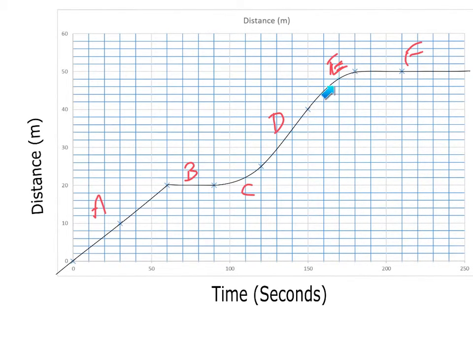Now section E shows the gradient is decreasing. That means the speed is reducing. And again you have a flat section F, which means it's stopped. So if this is a roller coaster ride, you can see a steady speed and then stopped, and then an acceleration, steady speed, deceleration, stopped. So that is what this graph is describing.